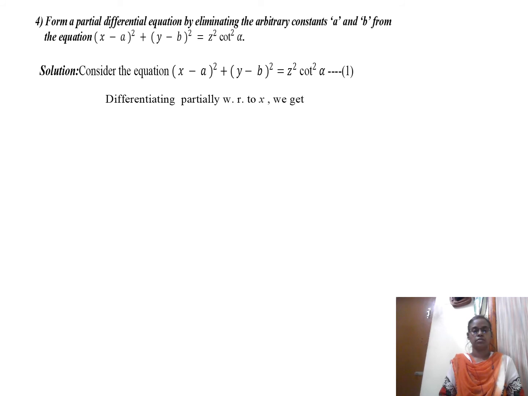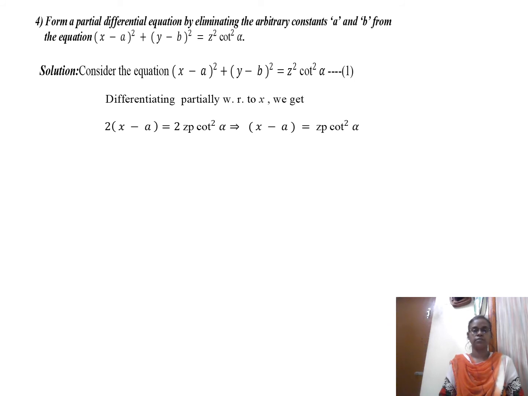We get 2 into x minus a plus the next term, which actually is having y. So when we differentiate with respect to x, we get 0. So the left side is going to be just 2 into x minus a, equal to, coming to the right side, z squared cot squared alpha we have.